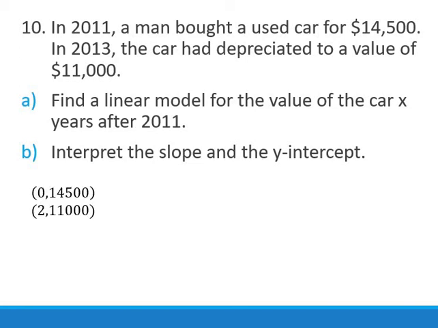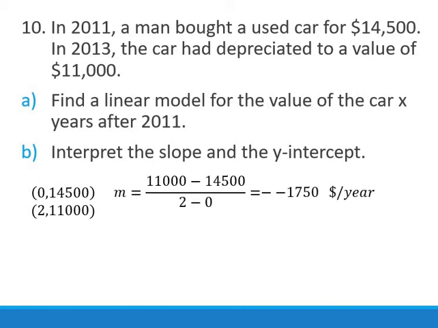That means we're going to start with the points 0 and the value in 2011, 14,500. So we're going to let x equals 0 be 2011, and we have our y value there. And then 2013, that'd be x equals 2 years after 2011, and the value was 11,000. So that's our 2 points. For the slope, just go to the slope formula, y minus y over x minus x.